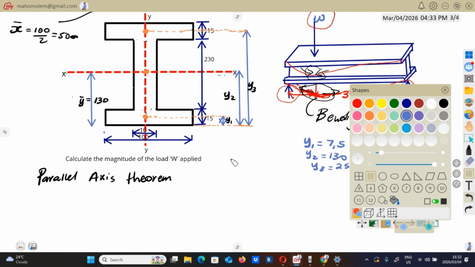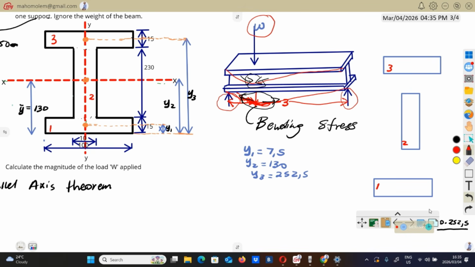Okay, let me use this space. Yeah, I've broken this I-beam into rectangles, as you can see here. So this rectangle, this portion, represents this one here. This box number 2, rectangle number 2, represents starting from here up to there.